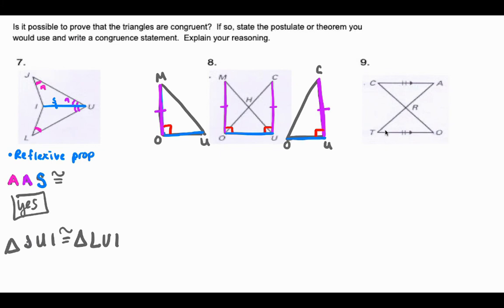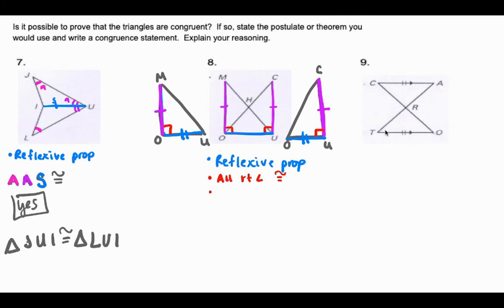So just like some previous problems, we can use the reflexive property. Both of them have the same side OU. So that is my reflexive property to get that as congruent. We keep in mind that all right angles are congruent.